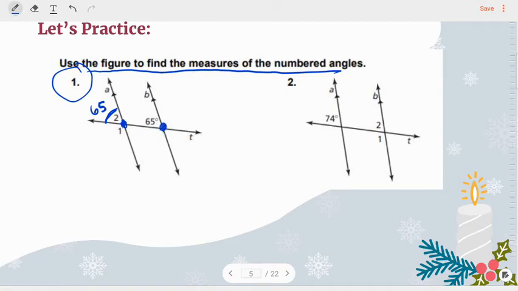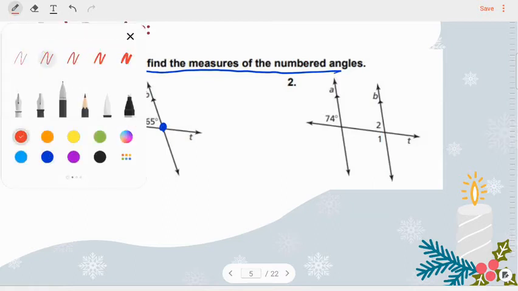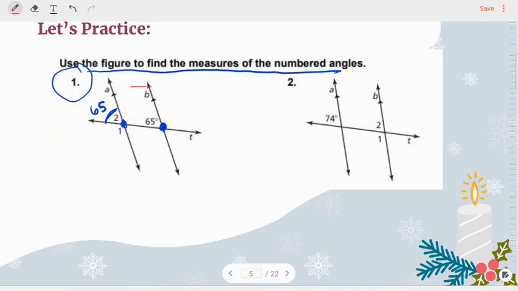Remember that, and I'm going to use a different color to separate my diagram. So we're going to cut our diagram in half. Remember that fact about vertical angles. Let's look at this intersection here. When this angle and this angle only share a vertex, those are called vertical angles, and they are congruent.